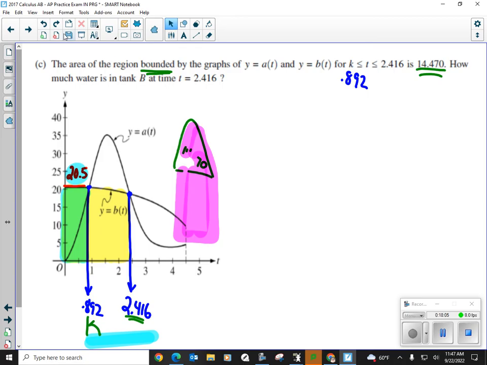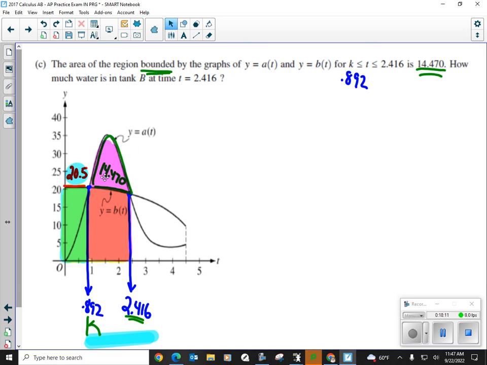We don't want to erase it. So I'm going to take this whole area and subtract this. Whatever that is, I'm going to have to add to this blue part, because they want this whole yellow part. And the yellow part is all of A minus 14.470. So let's start, shall we?